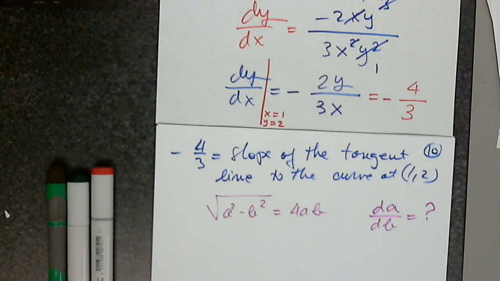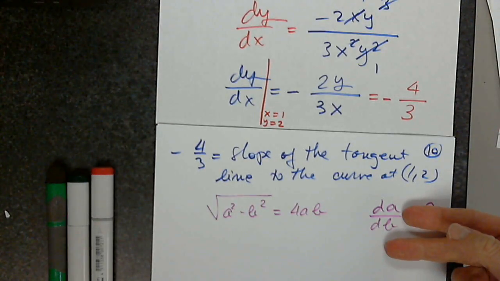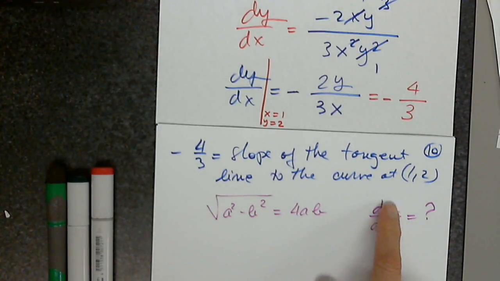So which one is the independent variable here? A is at the top. So A takes the place of y. If I had it reversed, I would have said B was at the top, so then B is the function.